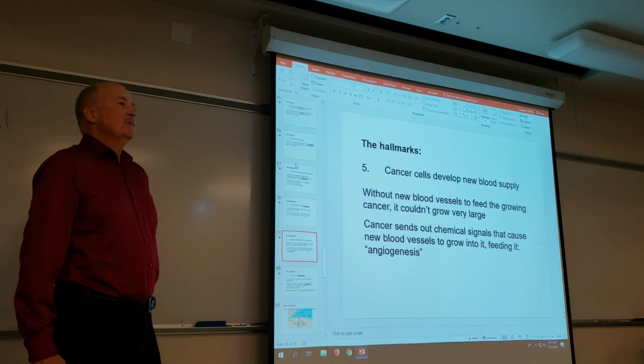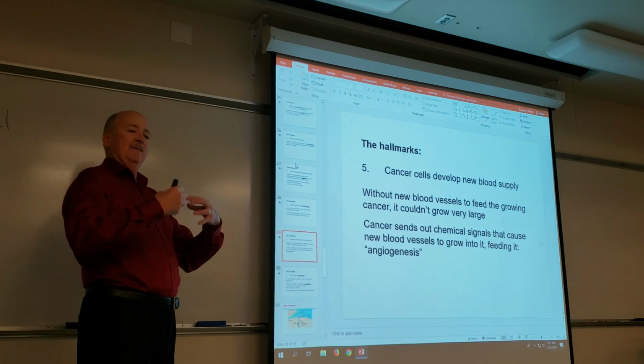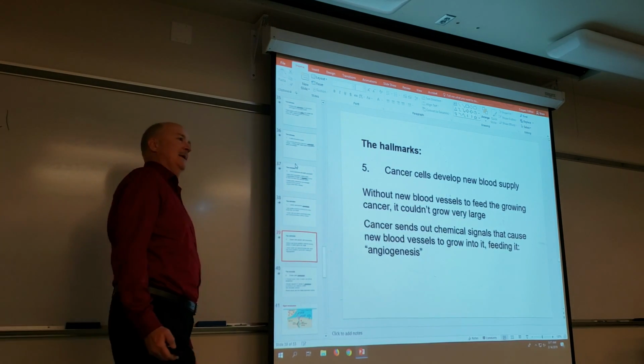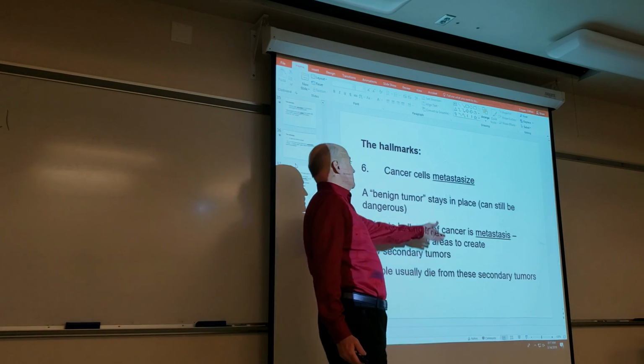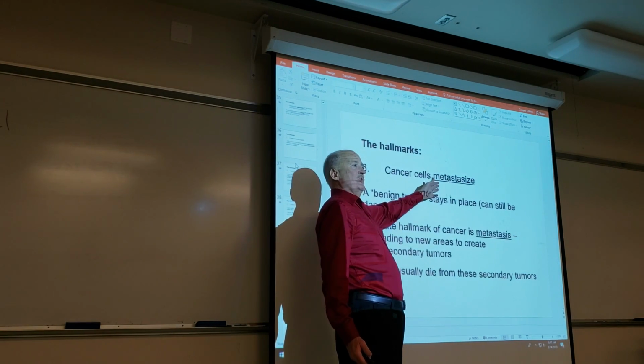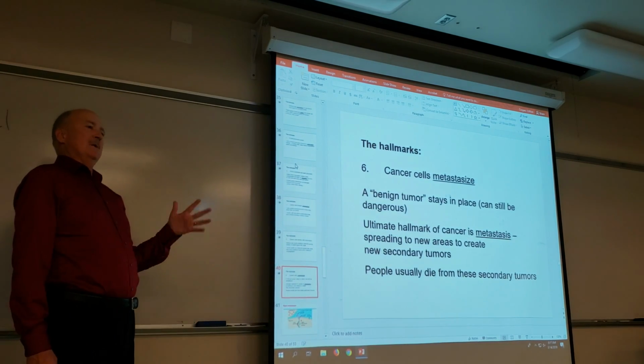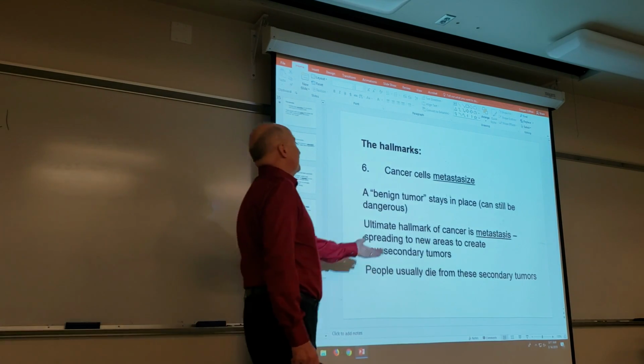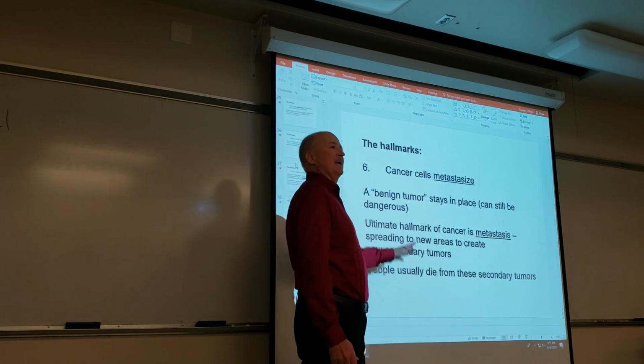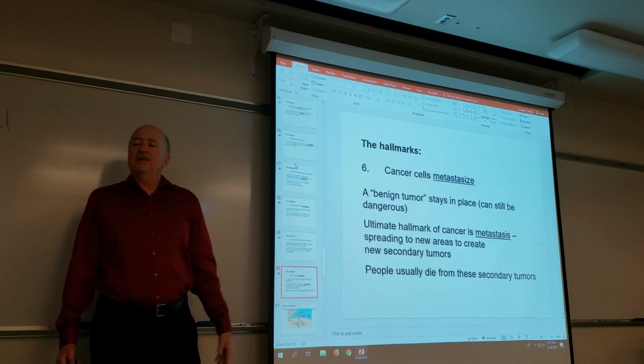And they're able to call for growth of new blood vessels growing into a tumor to let it get bigger. And they metastasize. Definitely, everyone should know what that means. So, just as general concepts, I think you should know these phrases and what they mean, and I'm not going to test you on details of all of that.